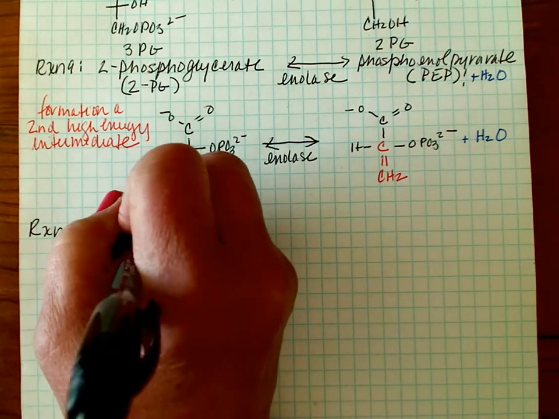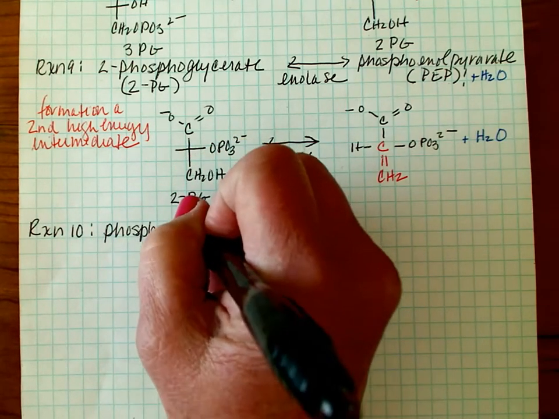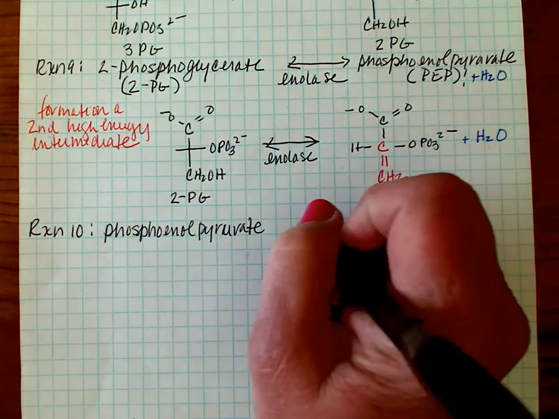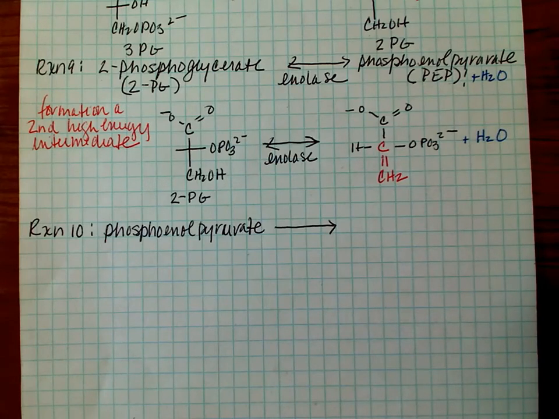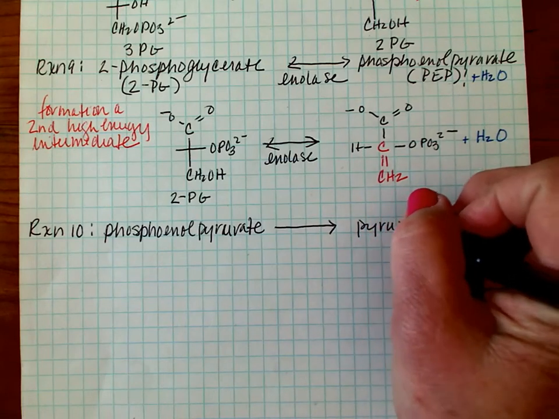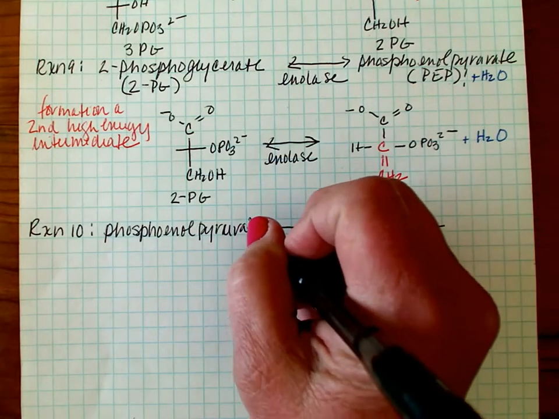So phosphoenolpyruvate, this reaction goes in one direction only. And we'll see how we get around that in gluconeogenesis. It's going to require a 2-step process.